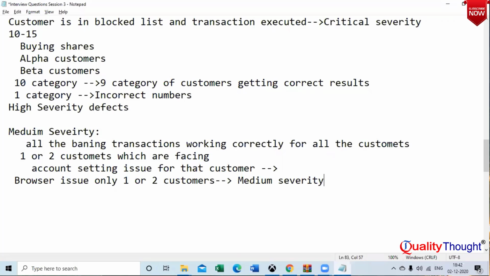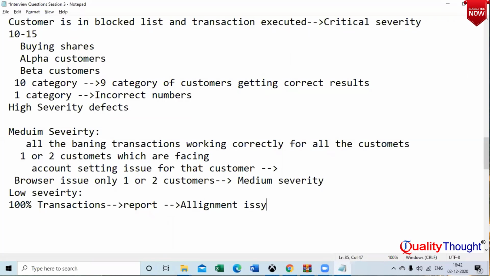Then, what is a low severity issue? All the 100% transactions are working accurately. No issue with the transactions, but in the report we are generating, there are a few alignment issues.